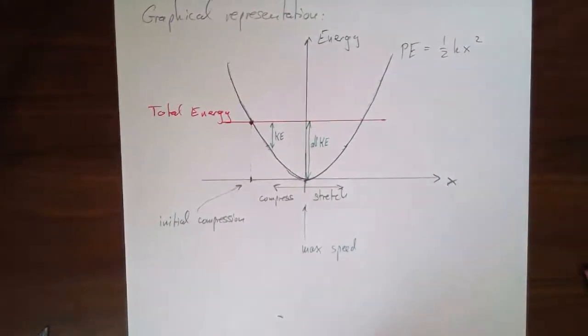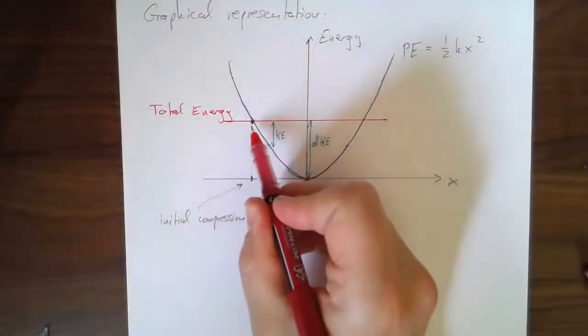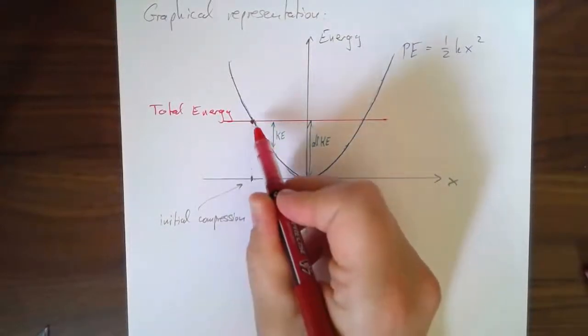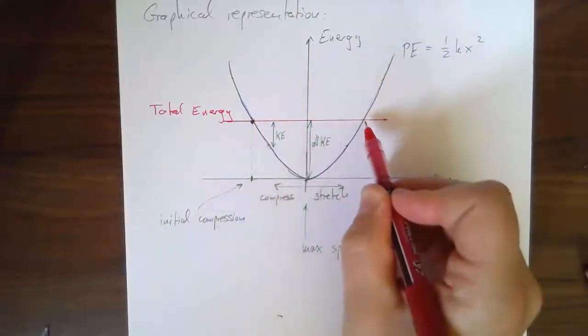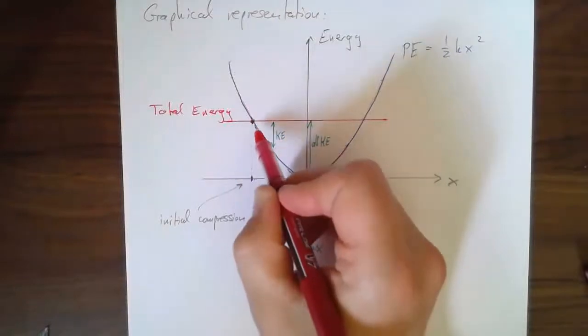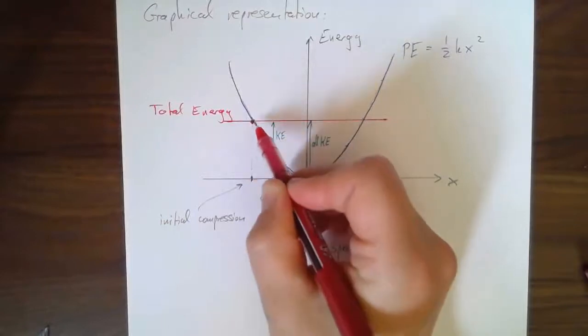So to do that, let's figure out what the total energy is. Well, it's going to be a half times k times x. But if I move it to here and let go, it's going to oscillate between here and the same distance over here. It's never going to go any further, because it would need more energy than it has.